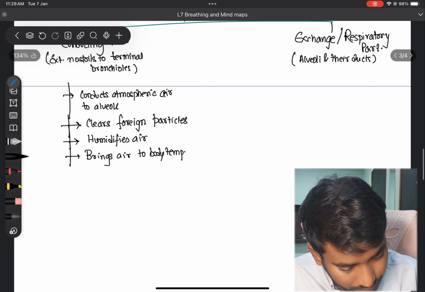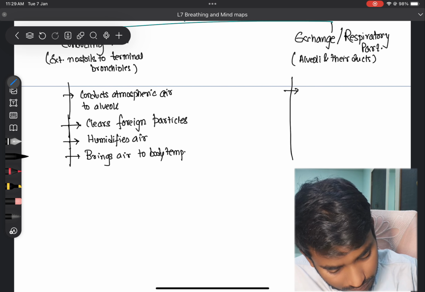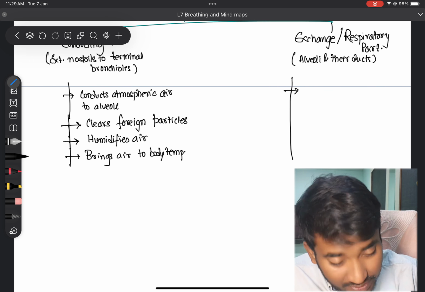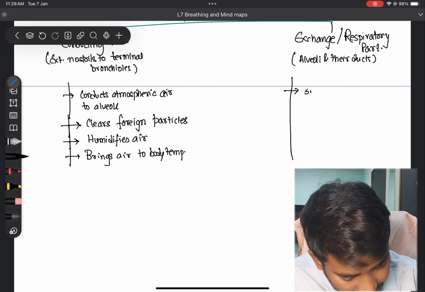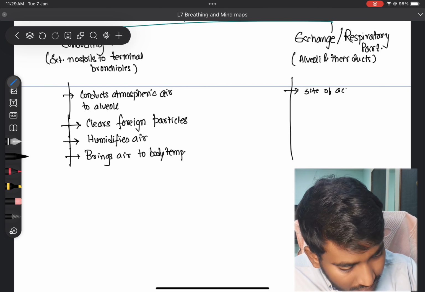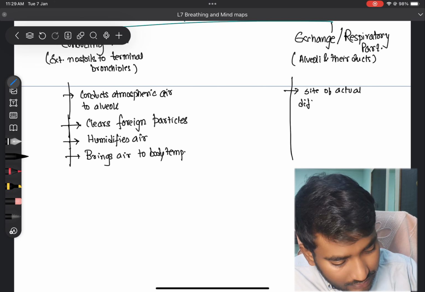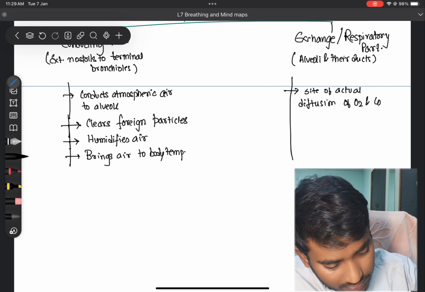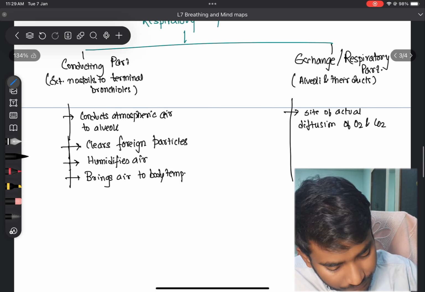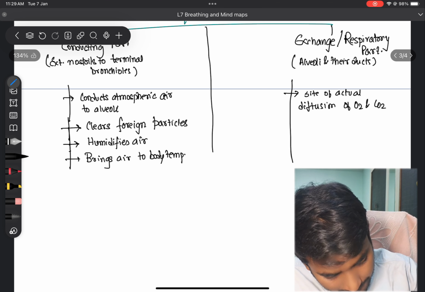Okay, now the respiratory part. What is the function of the respiratory part? I have already said: it is the site of actual diffusion of oxygen and CO2.